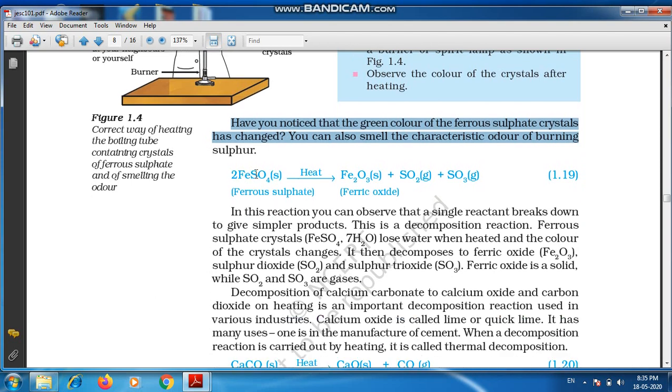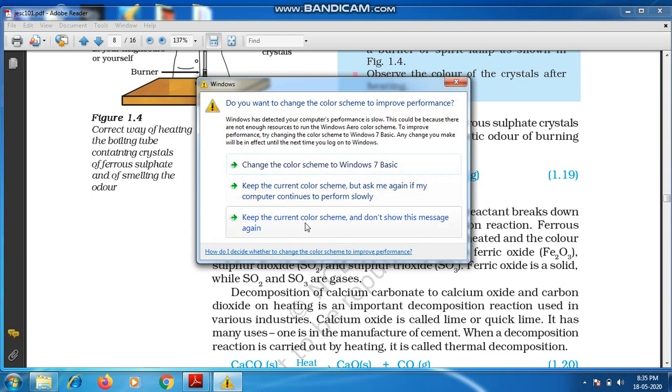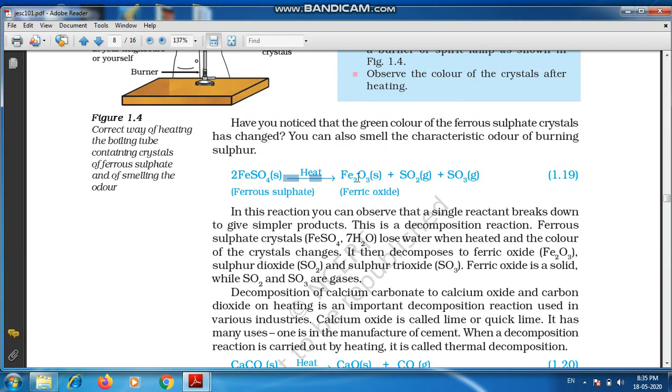FeSO4, that is ferrous sulfate, in presence of heat. Okay, it takes heat. In the above reactions we have seen heat was liberated, so that reaction was called exothermic. Over here heat is taken, so it is called an endothermic reaction. FeSO4 in heat gives Fe2O3, ferric oxide, and sulfur dioxide gas, SO2, is released.